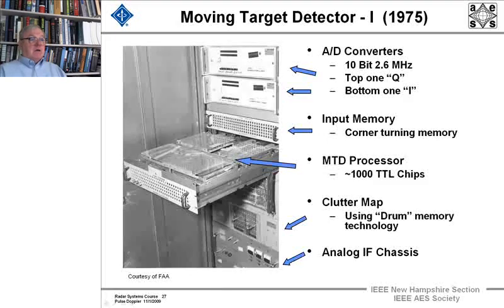And then down here is the clutter map, which used rotating drum technology. And the second generation MTD had solid state memory. And here's the analog IF chassis. But you could actually put it in a rack. And then there were power supplies for the chips up here below this.